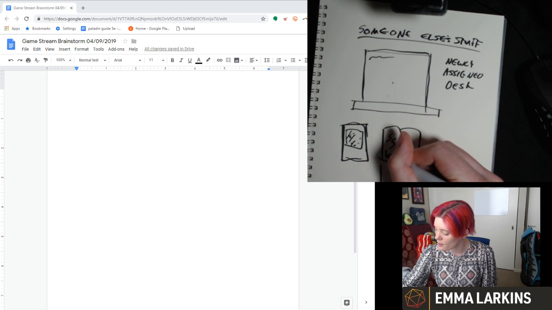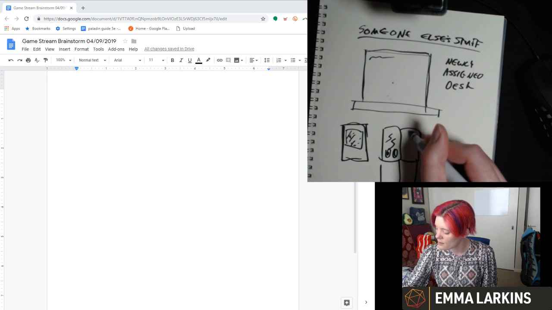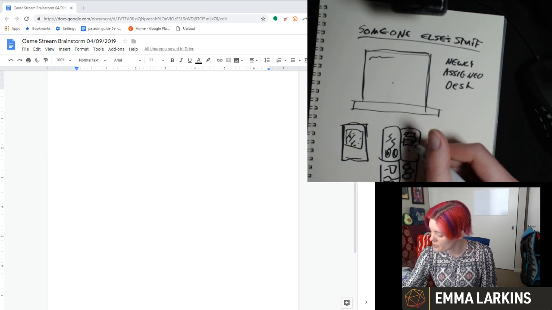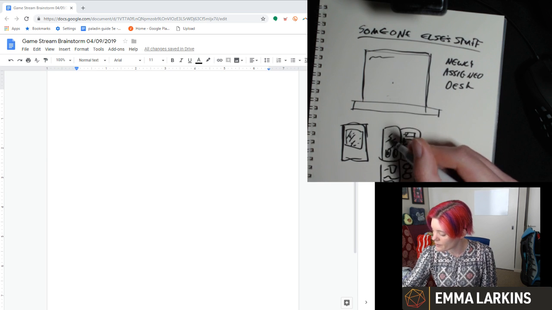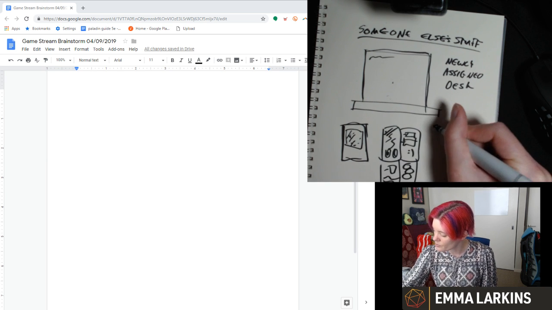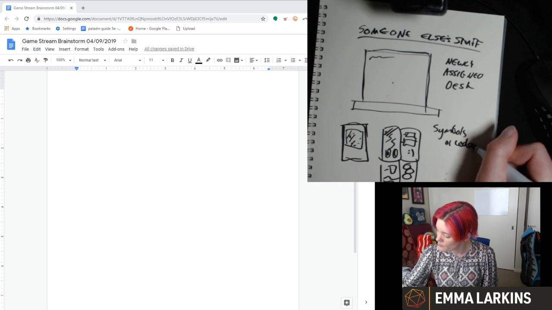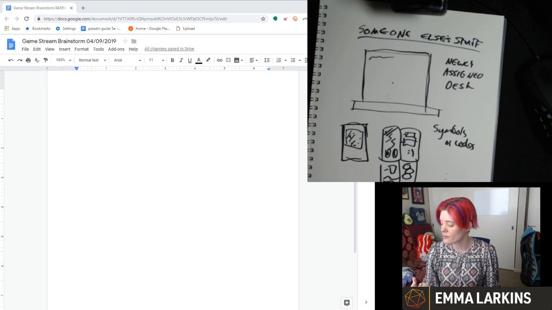So maybe one card has the batteries on it, more string, some rubber bands over here. And as Senior Watashi had mentioned, you can have different symbols or codes on them. So that's two potential form factors.